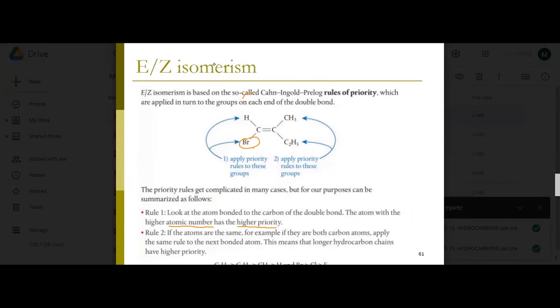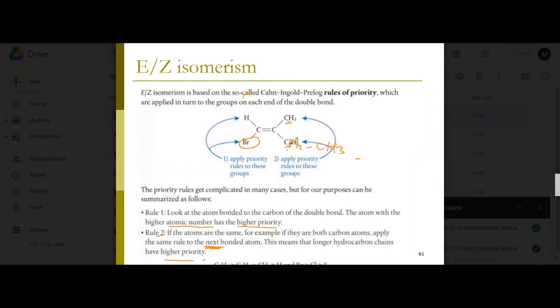Now let's see the second C of the double bond. This is connected to CH3 and C2H5. So that means CH2, CH3, right? C and C, same. Rule 2, the second rule: if the atoms are the same, for example if they are both carbon atoms, apply the same rules to the next bonded atom. This means that longer hydrocarbon chains have higher priority.